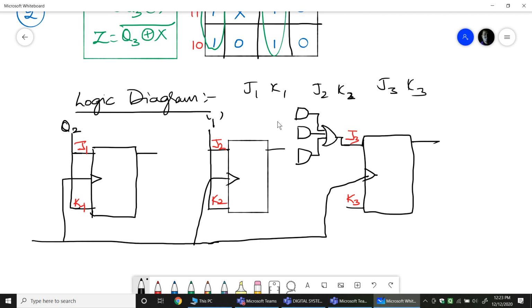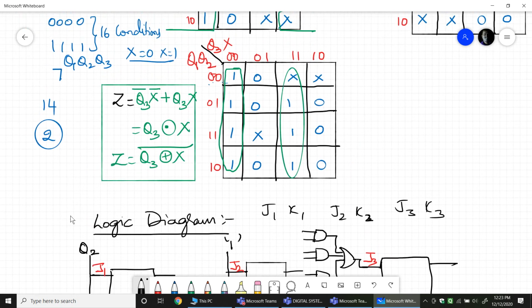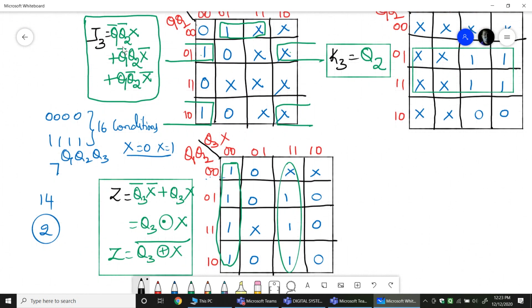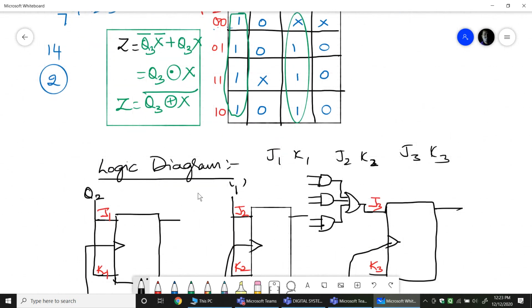Output of the OR gate. Now what is the input for these AND gates that we have? If you go back and look into the J3 expression, what is that? Q1 bar Q2 bar X plus Q1 bar Q2 X bar plus Q1 Q2 bar X bar. Therefore, I need 3-input AND gates for all.